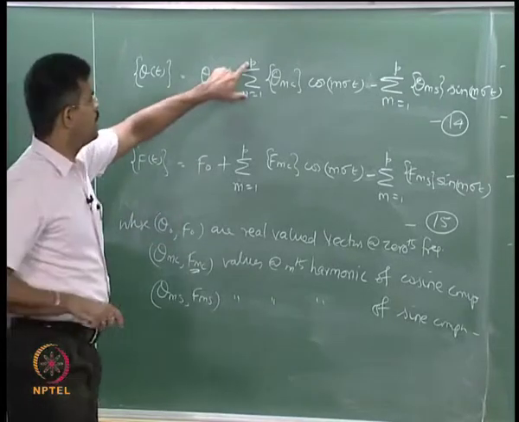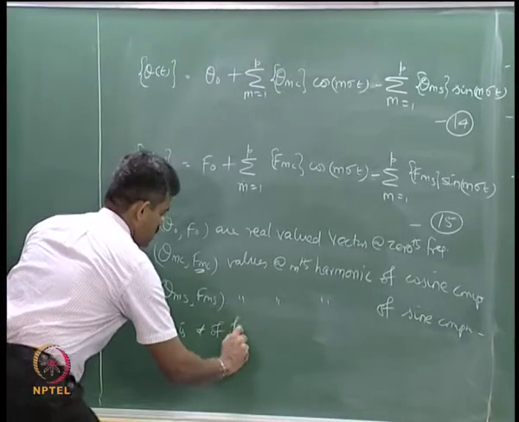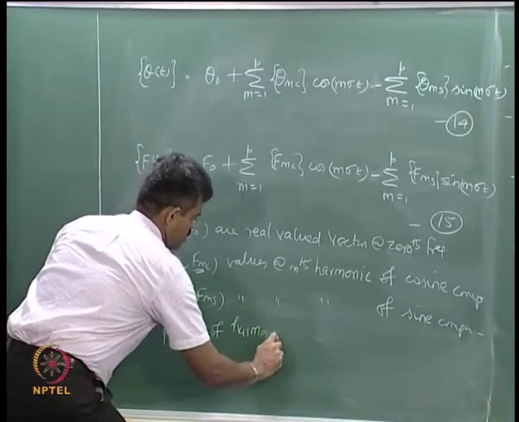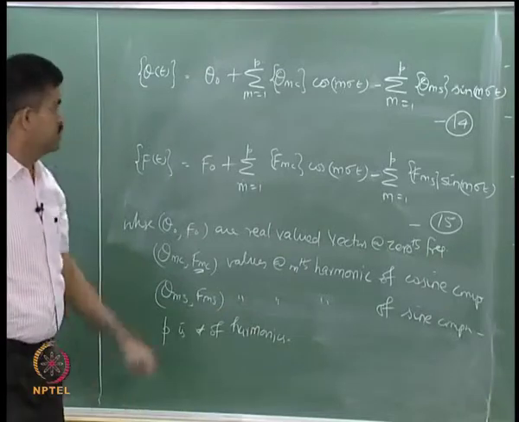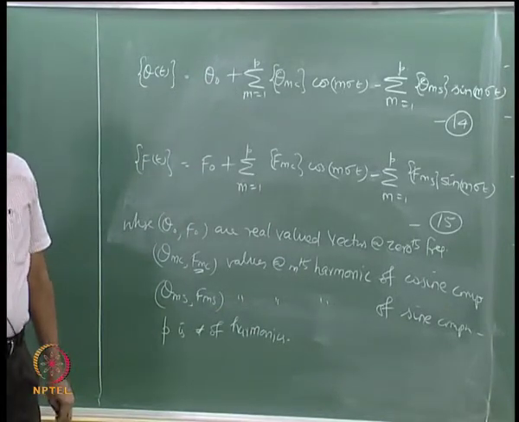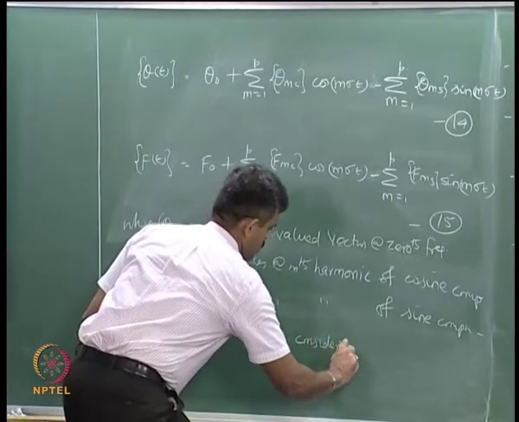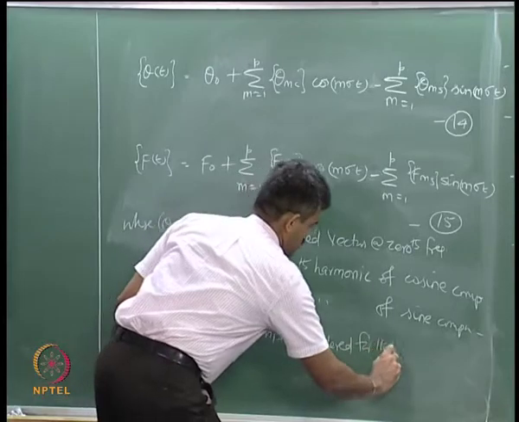Now, the summation p is the number of harmonics you are considering in your analysis, considered for the wave load.